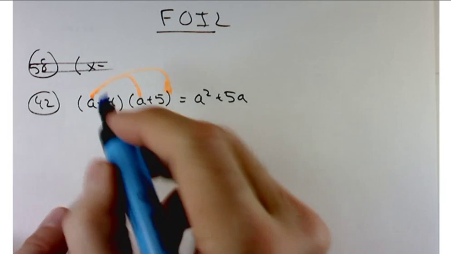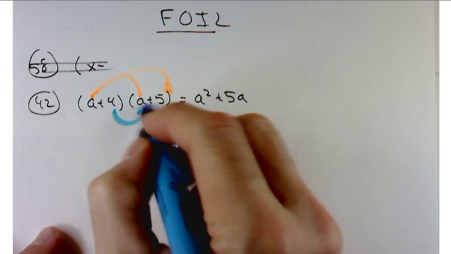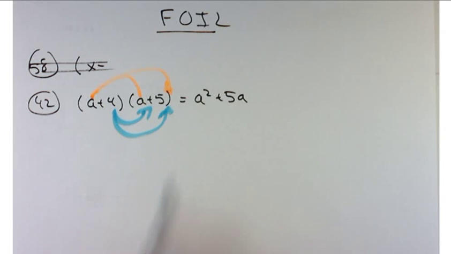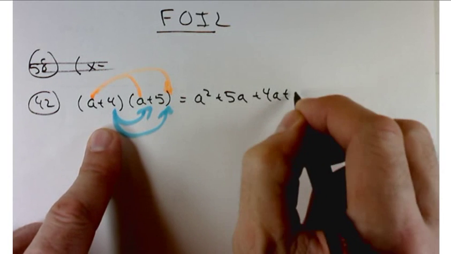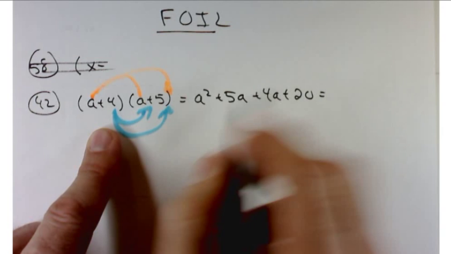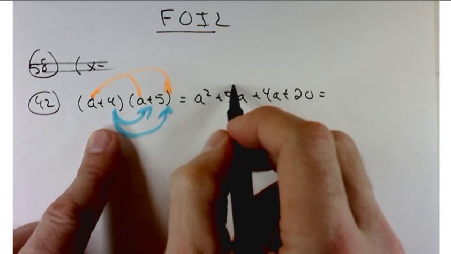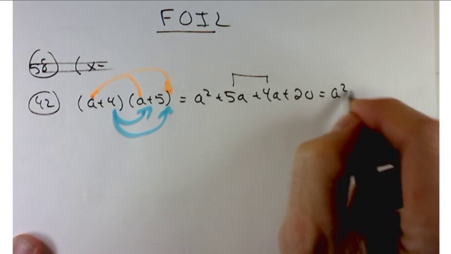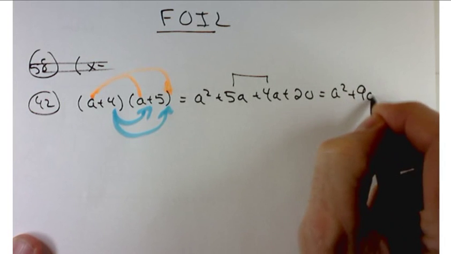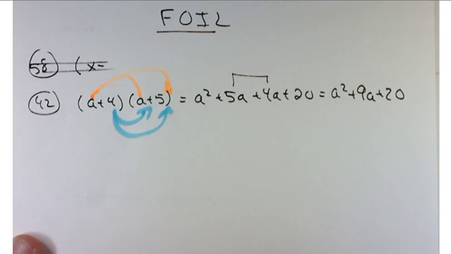Now, the same thing has to happen with the 4. It has to distribute itself to both of those terms. Plus 4a plus 20. Don't leave it like this. There's like terms that you should combine. A squared plus 9a. There you go.